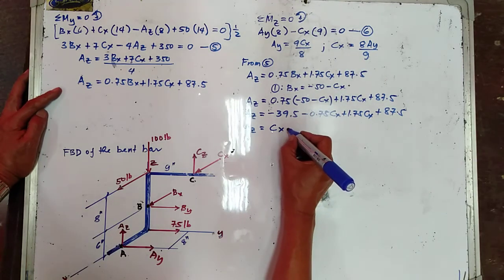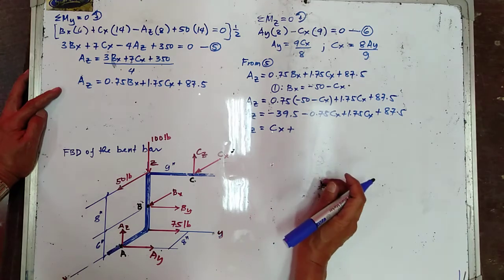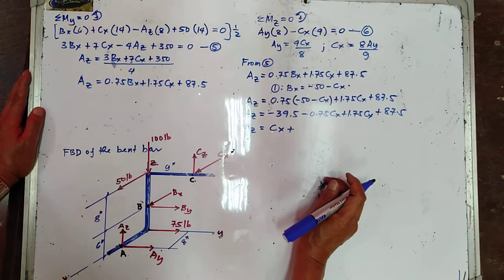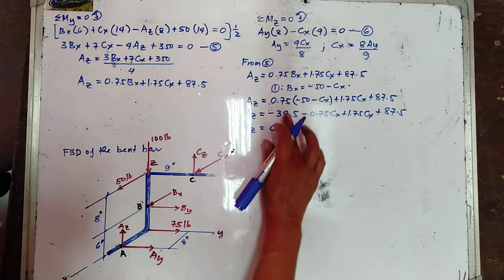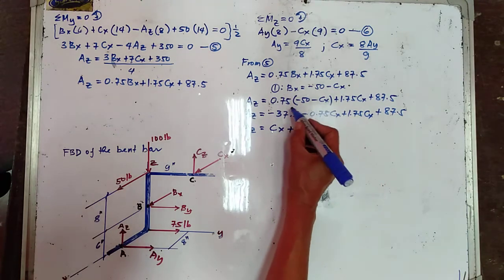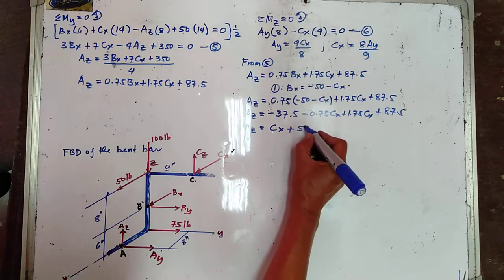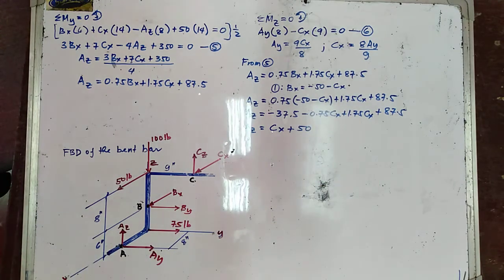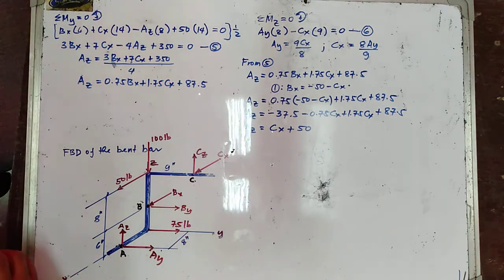So that is CX plus 87.5 minus 37.5. 0.75 by 50 is 37.5. So AZ is equal to CX plus 50.